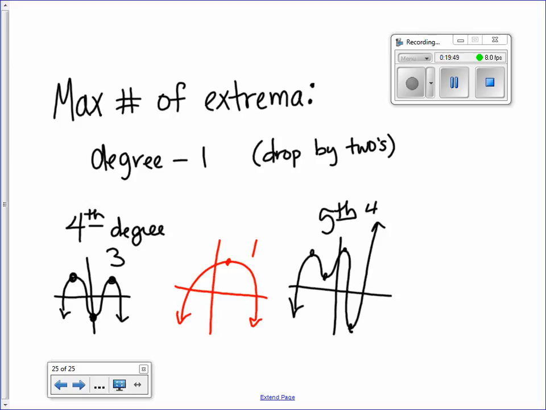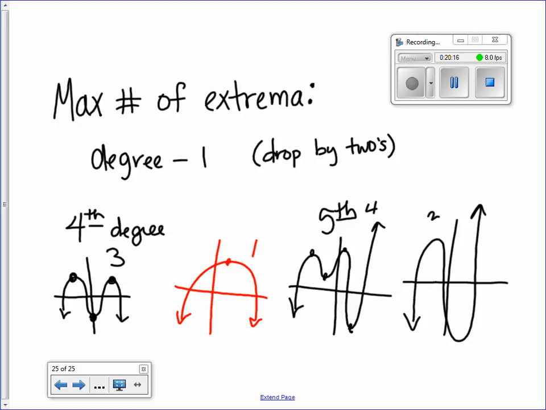At most you can have 4 extrema. It can't have 3, because if it has 3, what's it going to look like? An even degree. So it can't have 3, so we have to drop down to 2. 1, 2. Beautiful. So there's 2 extrema.